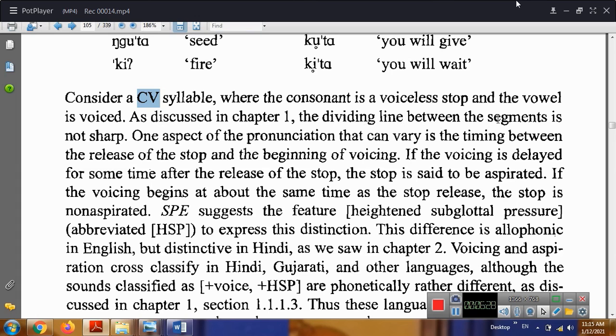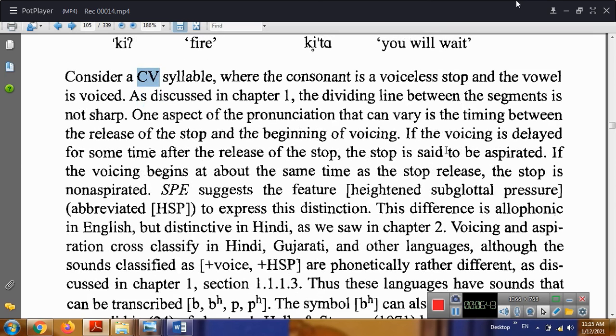As discussed in chapter 1, the dividing line between the segments is not sharp. One aspect of the pronunciation that can vary is the timing between the release of the stop and the beginning of the voicing. If the voicing is delayed for some time after the release of the stop, the stop is said to be aspirated.